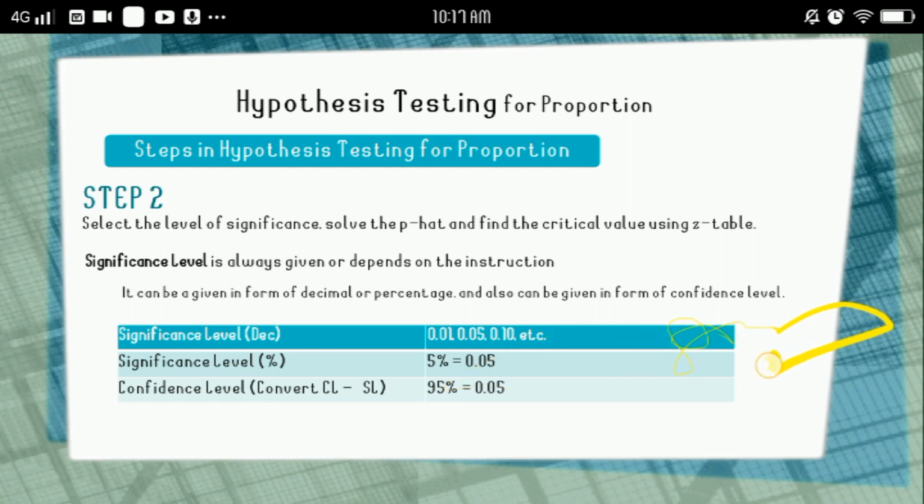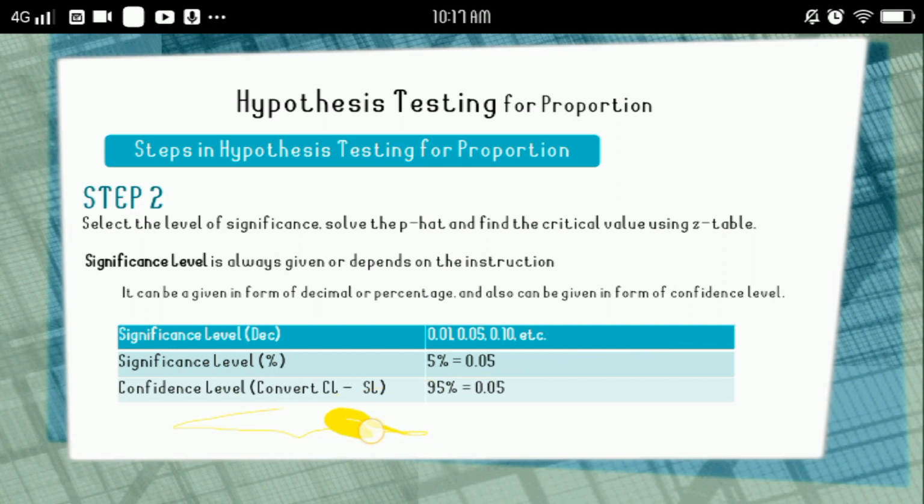Iko-convert lang natin siya. Kapag naman confidence level yung binigay, kailangan i-convert yung confidence level into significance level. So, for example, at 95% level of confidence. So, since confidence level siya, i-convert muna natin siya into significance level.